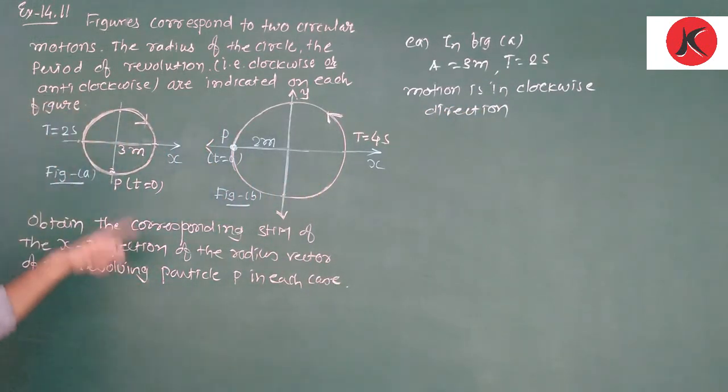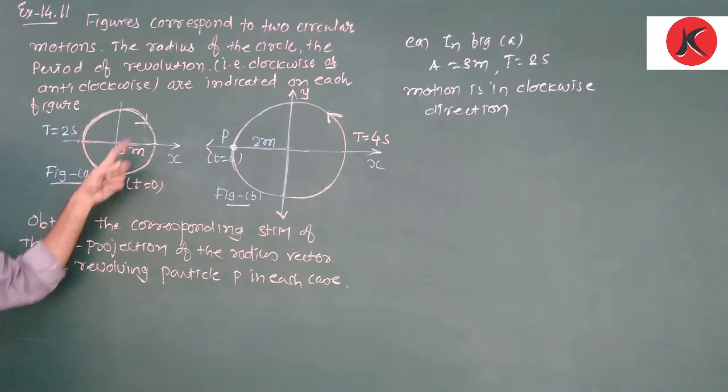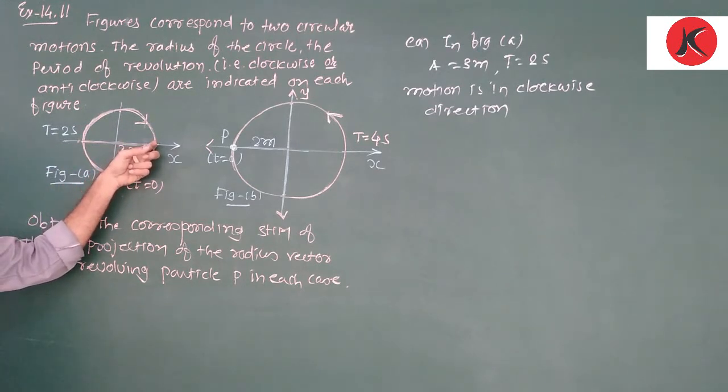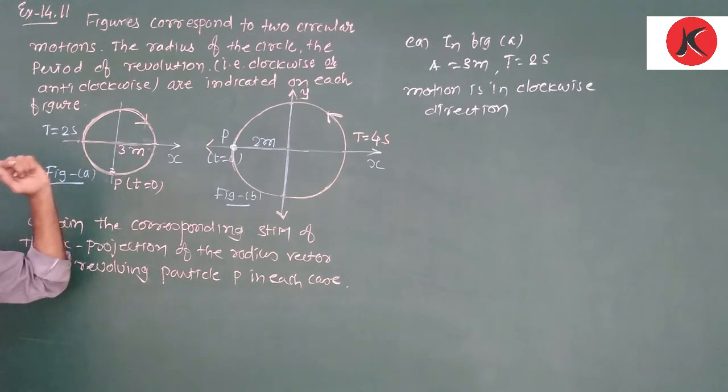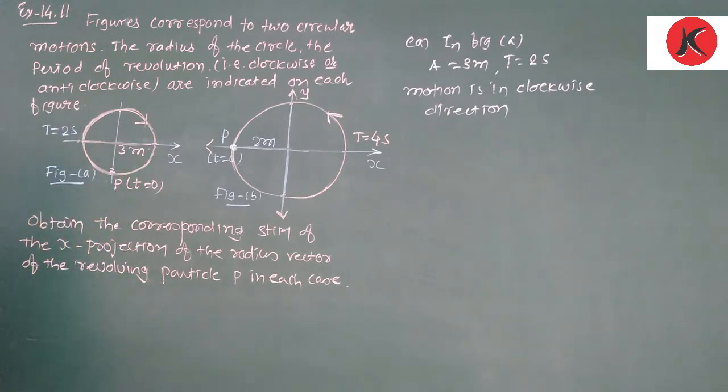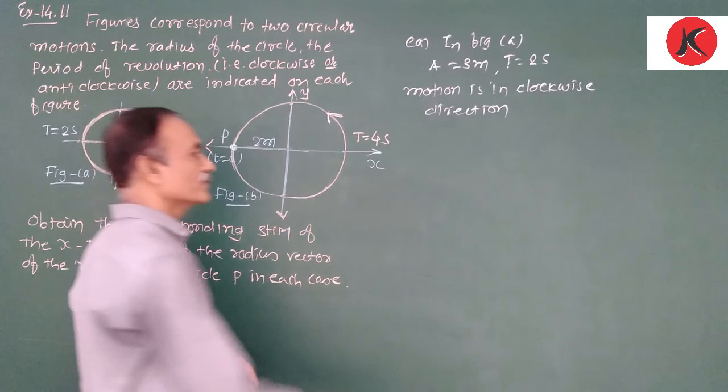Right? At time t is equal to 0, the particle is here instead of this. Therefore, the initial phase is pi by 2.